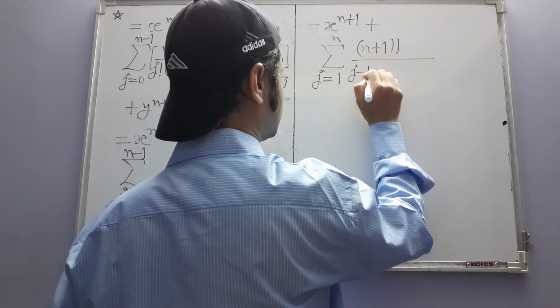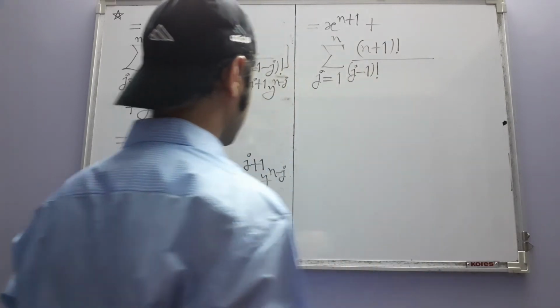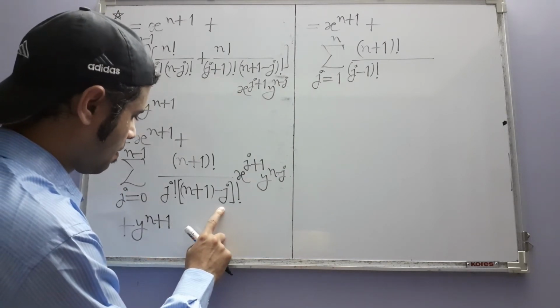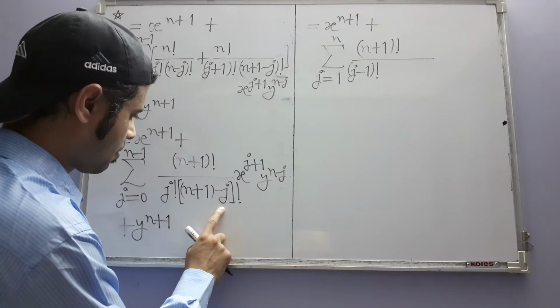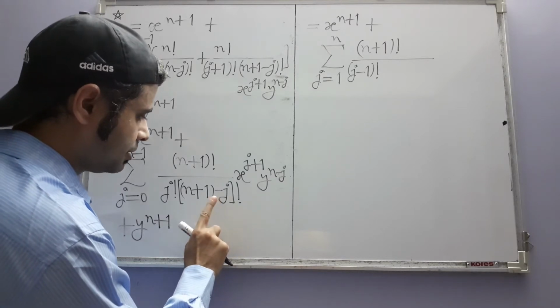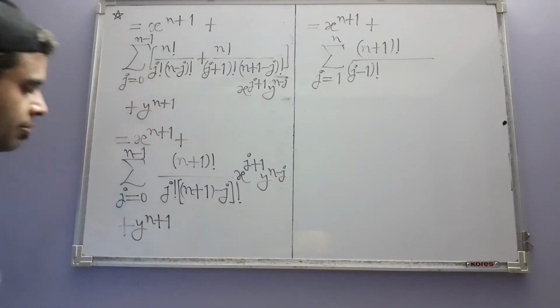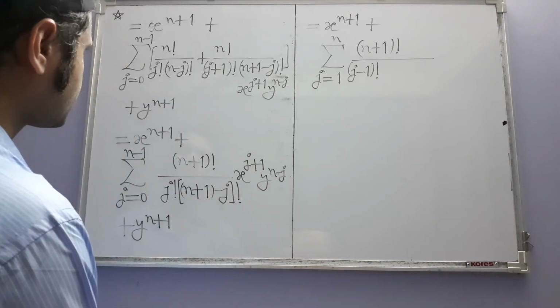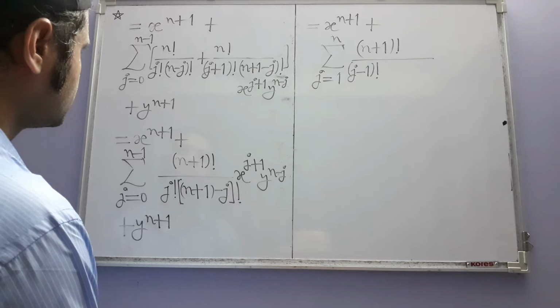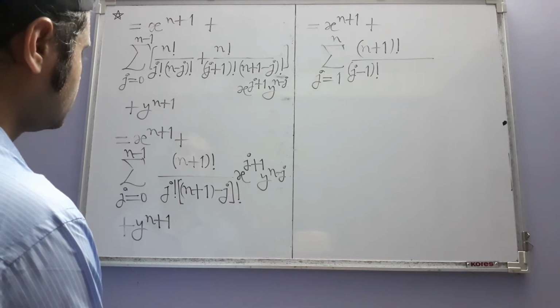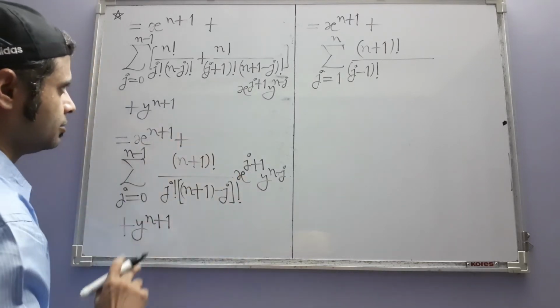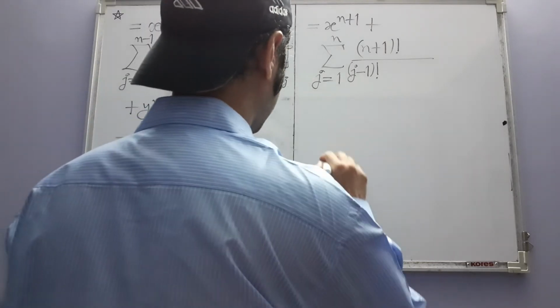J minus 1 factorial. Okay, what will happen here if I write j minus 1? Have I written this thing correctly? That also is another question.